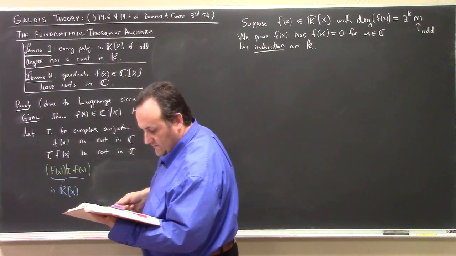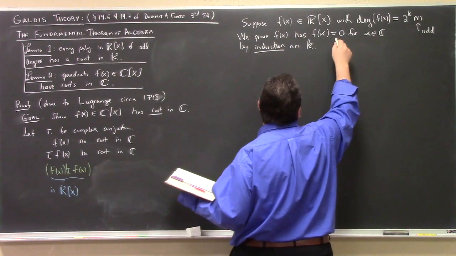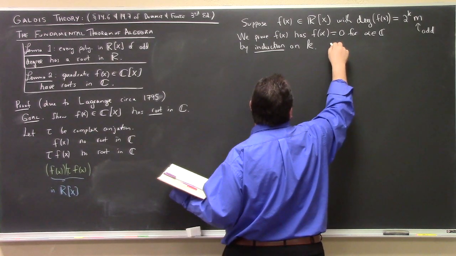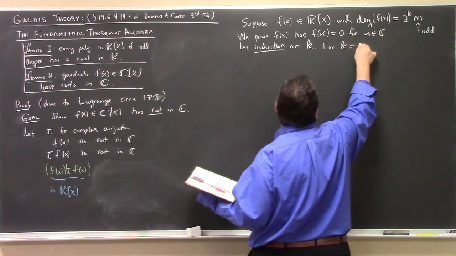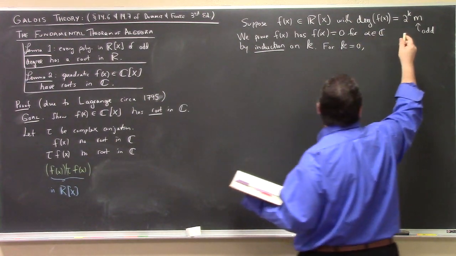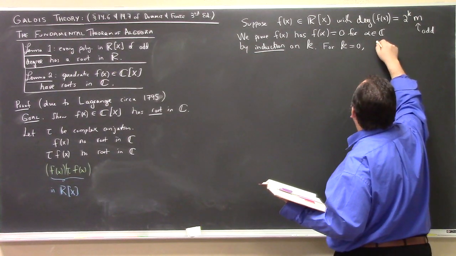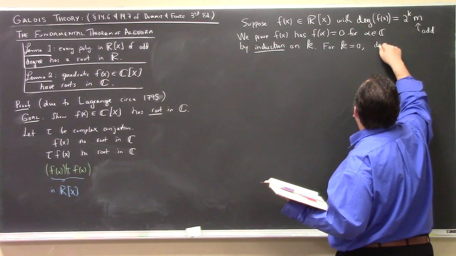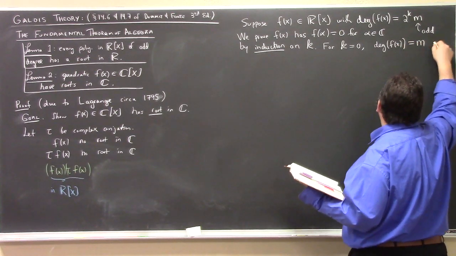For k equals 0, what do we got? We have f of x, the degree of f of x equals m, which is odd, right?